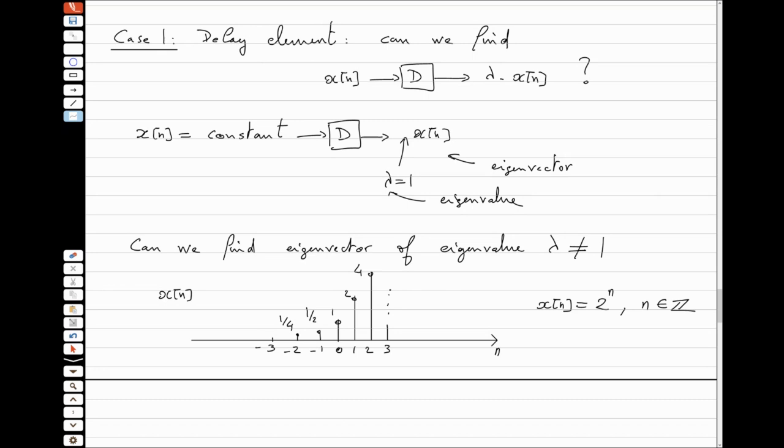What happens if you shift this to the right? 4 gets replaced by 2. 2 gets replaced by 1. 1 gets replaced by 1/2. So each number is replaced by half of it.